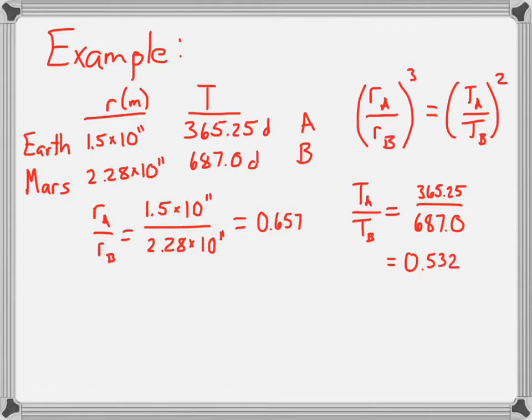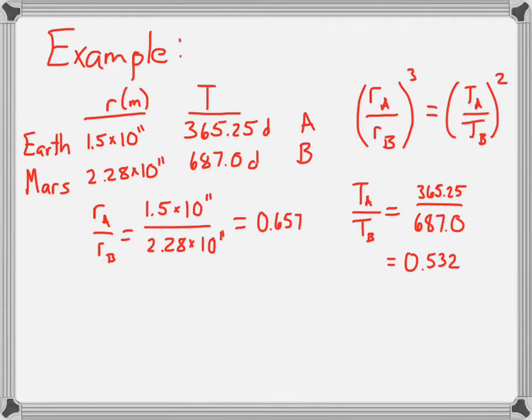So if Kepler's third law is correct, I can take the ratio of the radii, 0.657, and take it to the third power, and that should equal the ratio of the periods raised to the second power.